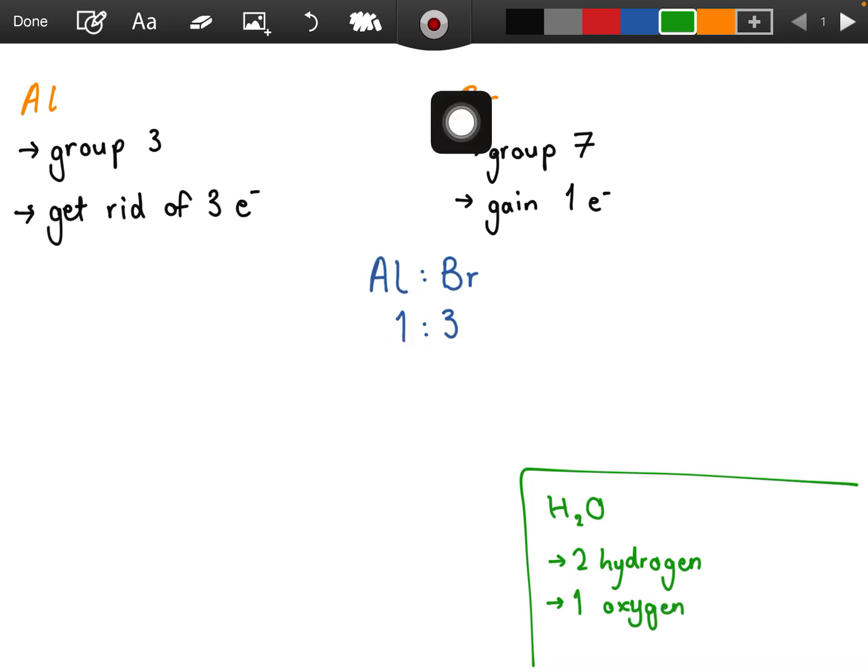So here, if I want to show that when these bond together, there's going to be 1 aluminium and 3 bromines, how am I going to do that? I'm going to say it's Al and then Br 3. Remember, the first letter of each element gets a capital and the rest are small case. So capital A, small case l, capital B, small case r, and then to show that there's going to be 3 bromines, I do a small 3 there.